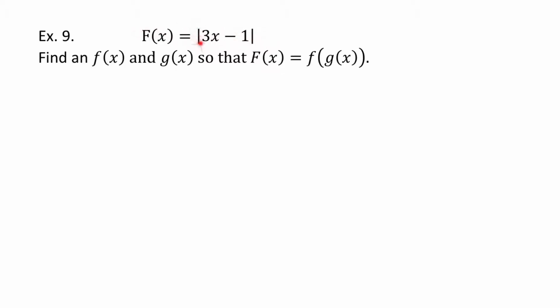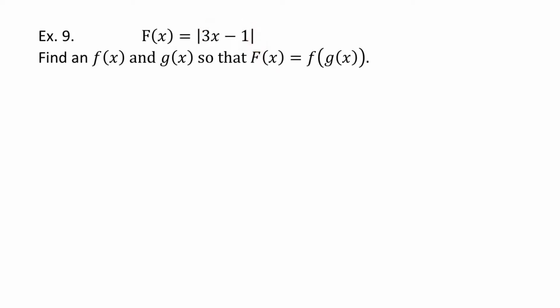So the way I look at this is I've got this absolute value thing, which is going to accept some kind of input which looks like this. So it makes sense to think of 3x minus 1 as going into the absolute value function.